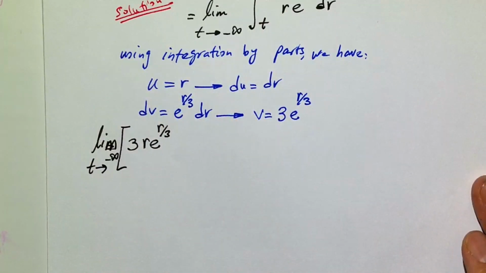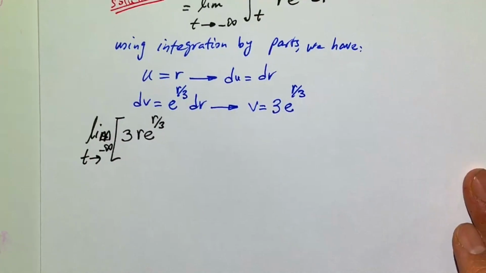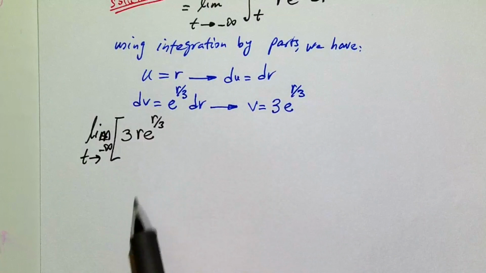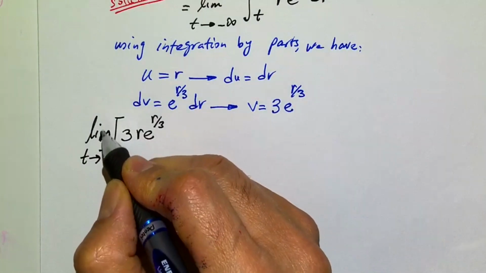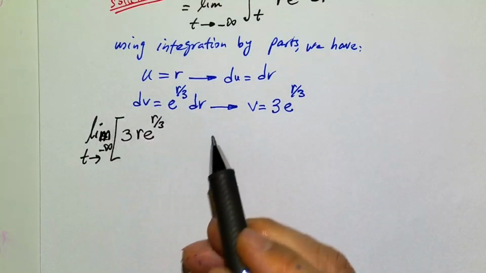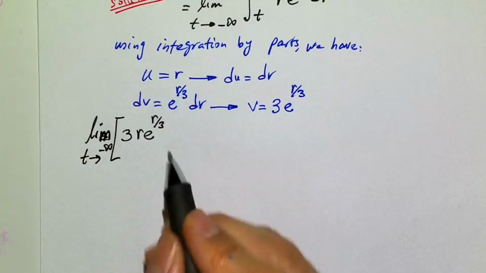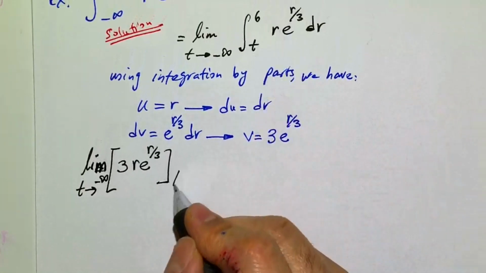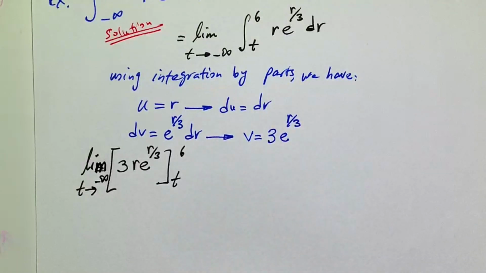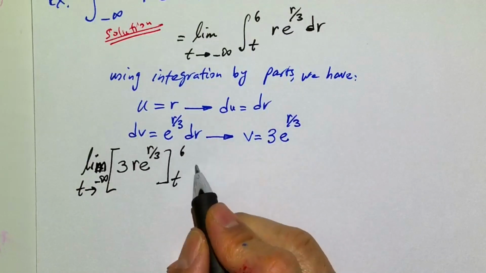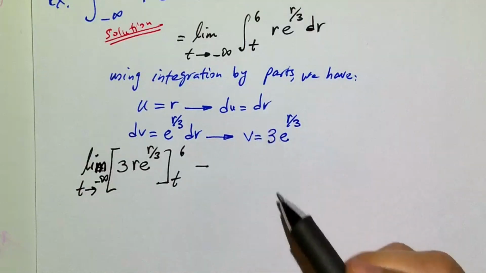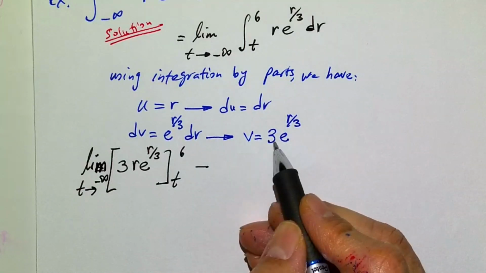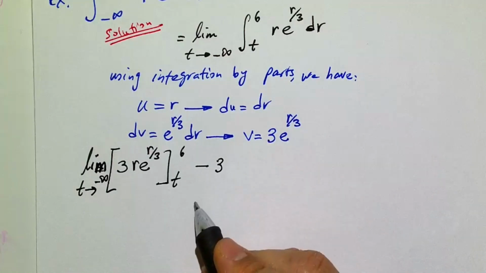Sorry about that, but I tried to fix it there. So that's the limit of that piece, which is uv, and of course the limits of integration are t to 6, minus v du. Since this 3 is constant, I'm just going to put it outside.